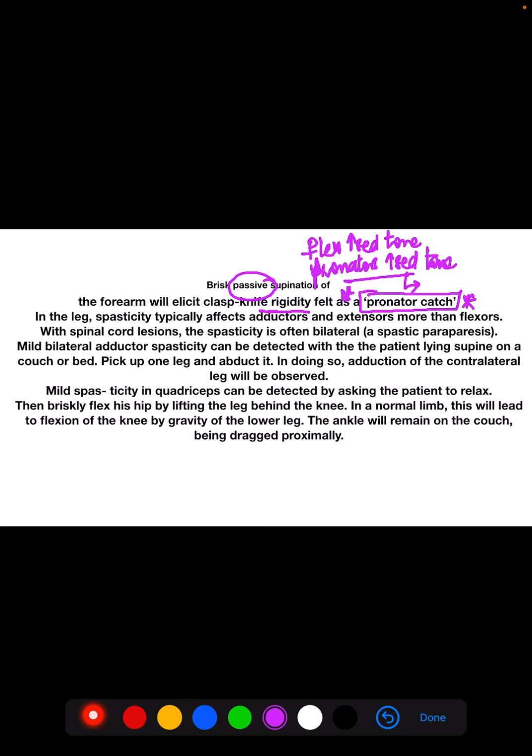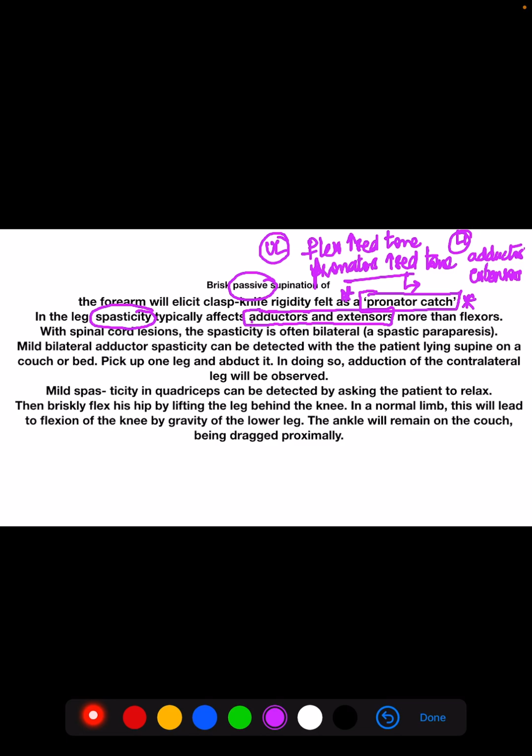And if we take the lower limbs, the spasticity typically affects the adductors and extensors. So in the upper limb it's flexor tone which is increased, but in the lower limb what is increased? It is the adductors of the lower limb and the extensors of the lower limb.